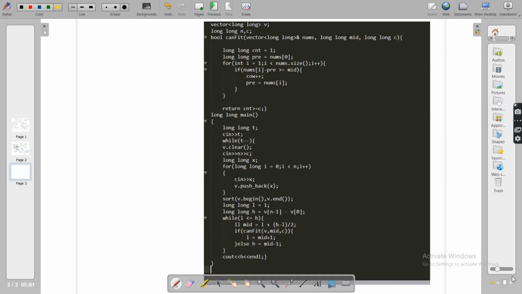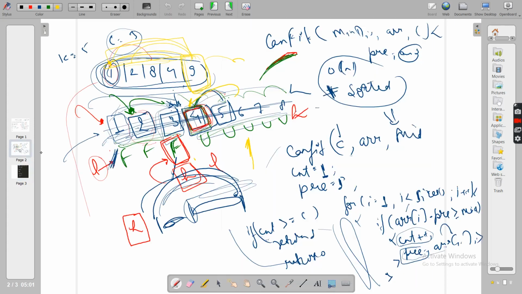Now let's see the main function. Up to this point, I've done just the basic input handling, because this is an SPOJ problem, so you have to do everything. I've sorted the vector you were given, the locations of those houses or stalls. Your L is 1, and now the upper limit. What were the L and H on the number line? They were the distances between the cows we were trying to keep: 1, 2, 3.